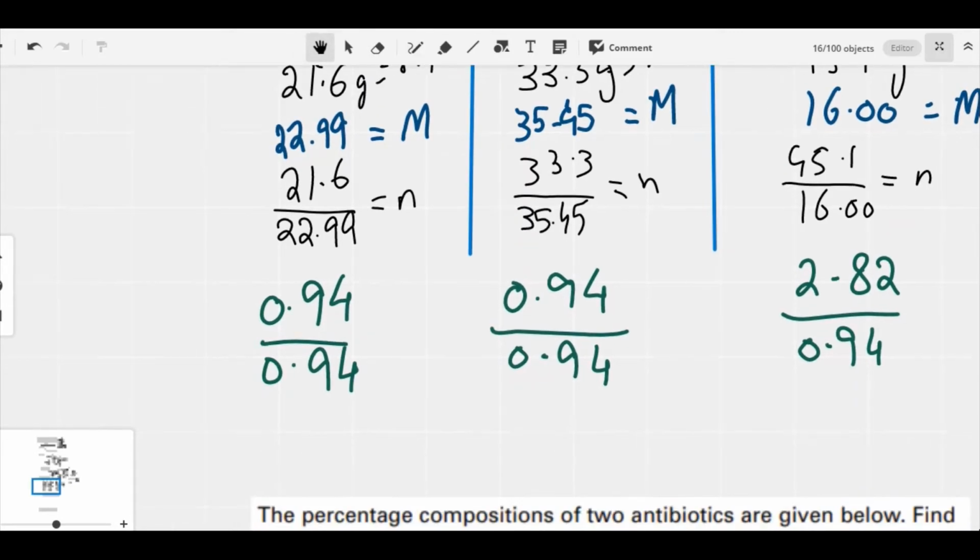When we divide, the answer is 1, 1, and 2.82 divided by 0.94 equals 3.